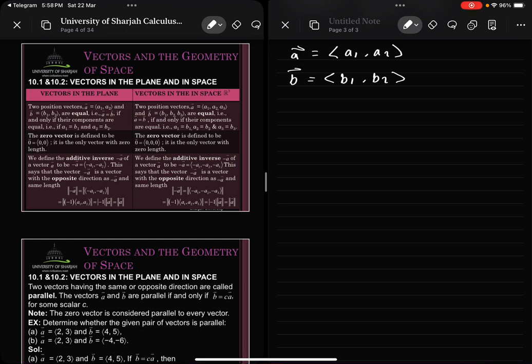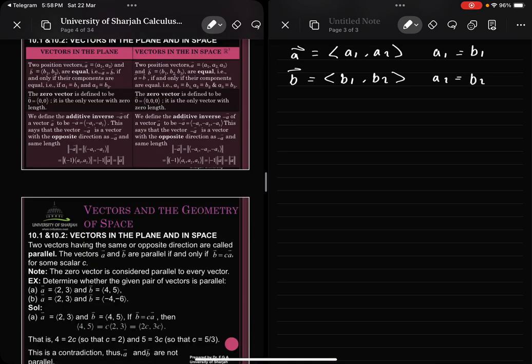Two vectors are equal only if their components are equal, for example A1 equals B1 and A2 equals B2. The zero vector is defined to be 0, the only vector with zero length. For example, the zero vector is (0, 0).